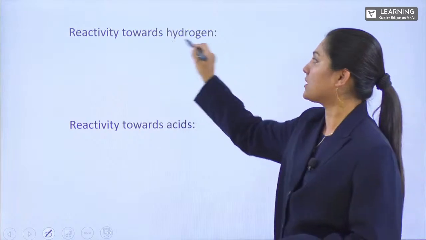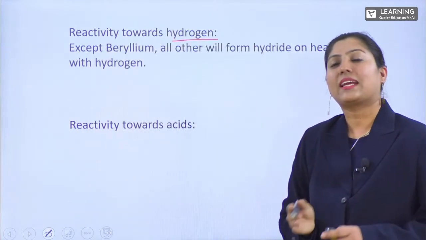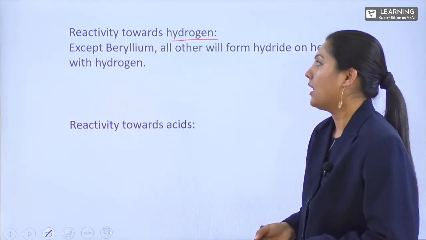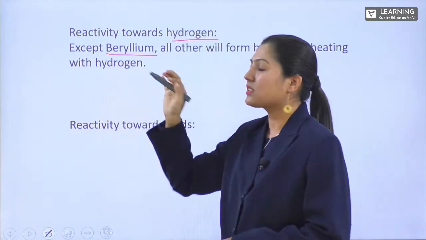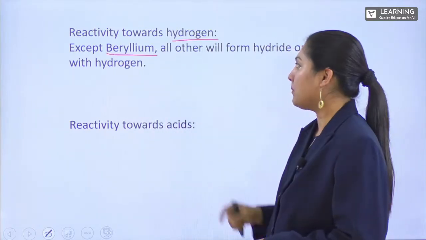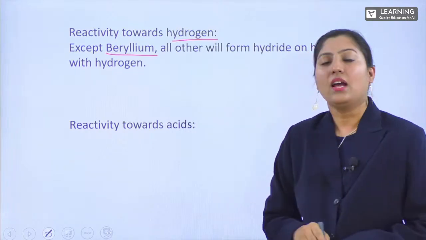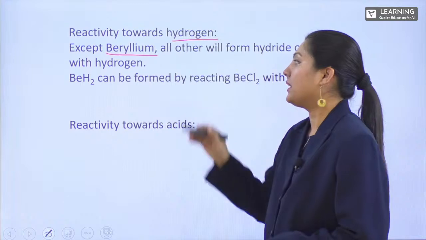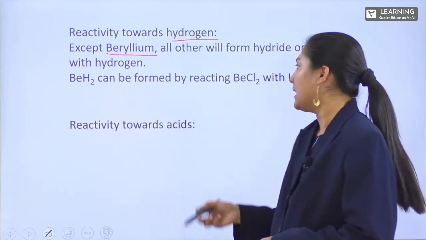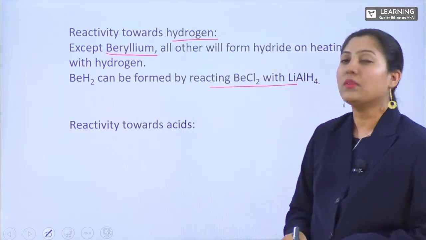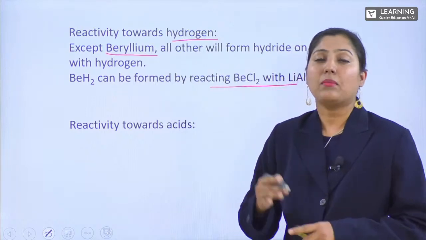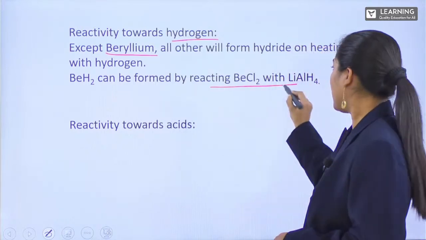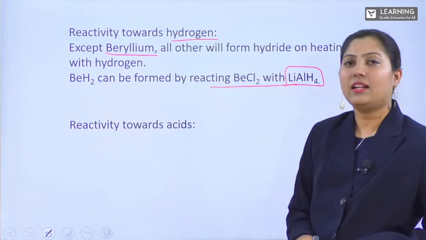Next, reactivity towards hydrogen. How do the second group elements react towards hydrogen? Beryllium has a smaller size; except for it, all others form hydrides when reacted with hydrogen gas. And beryllium hydride, how to form it? It is formed by reacting beryllium chloride with lithium aluminium hydride, LiAlH4.